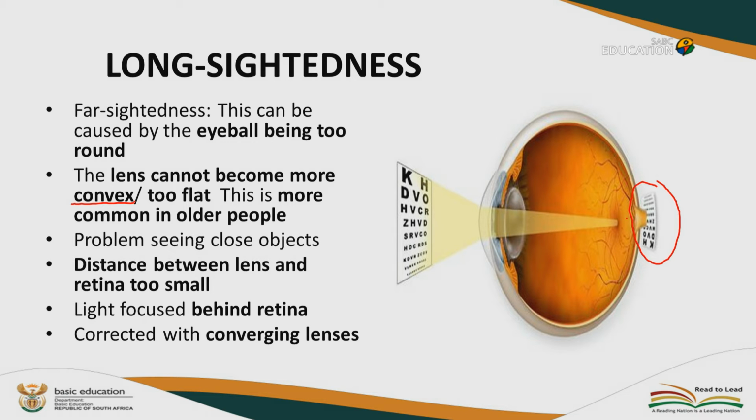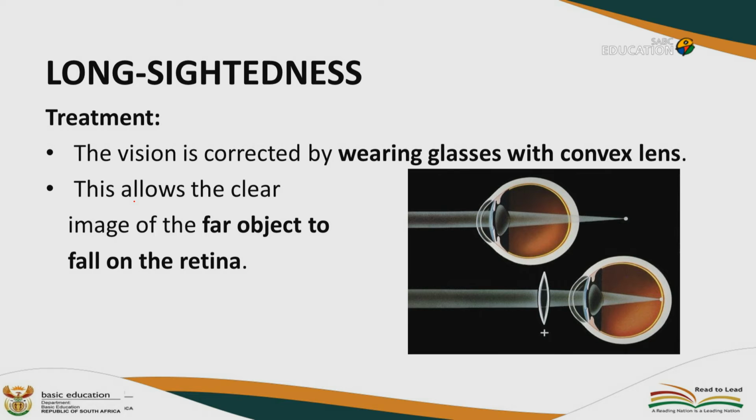So grade 12, what can we do? We must give Mr. Makata converging lenses to rectify the problem that he's encountering. So he must wear convex lenses. So let's check this out. Look, the convex, the image is far. So we must give Mr. Makata the convex lenses so that the image should fall on the retina.